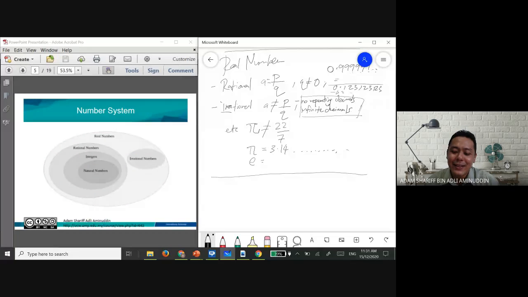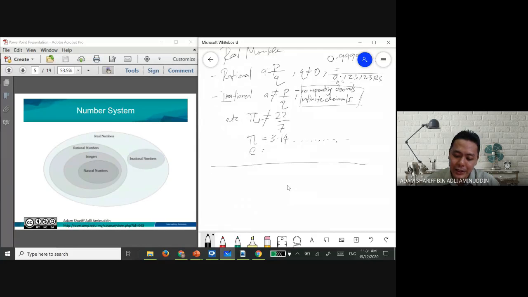Then in rational number there's a huge class of integer. Ini yang kita nak fokus, because number theory is the study of integers.